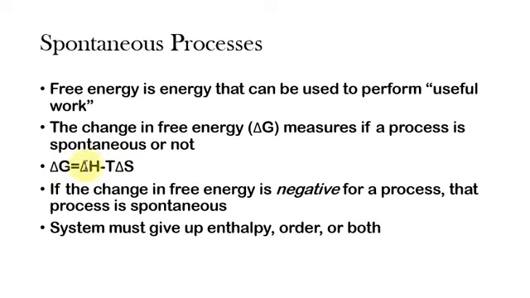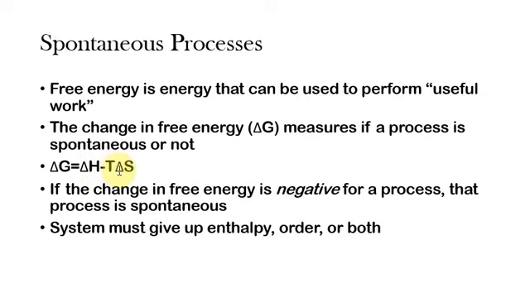Its components are these delta H and T delta S. Delta H means the enthalpy of a system. Generally, it's found in energy stored in the bonds of a material, of a compound. It's often released as heat. So if a chemical reaction or process releases heat, that generally means that delta H is negative because it's releasing the energy stored in its bonds.